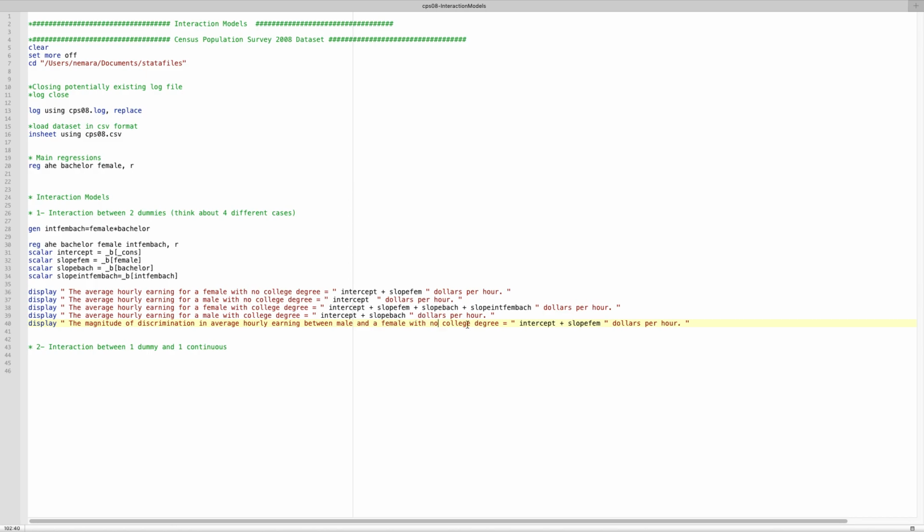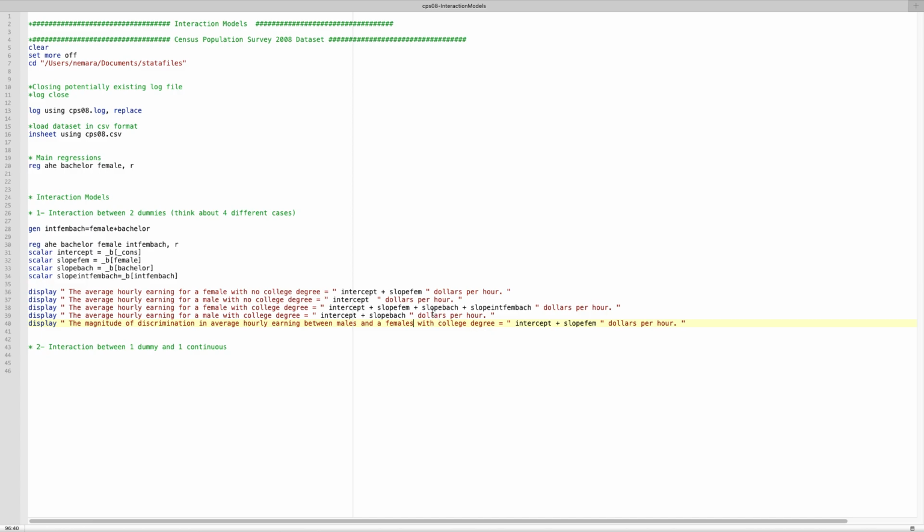We can also have a discrimination with no college degree, but let's see the question with college degree. So what's the magnitude of discrimination in average hourly earning between males and females with college degree?